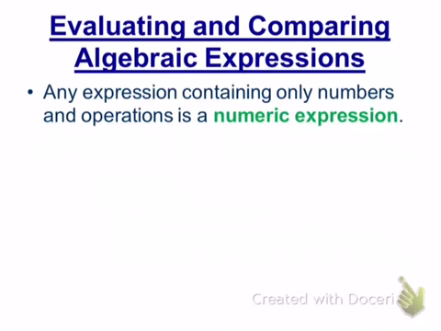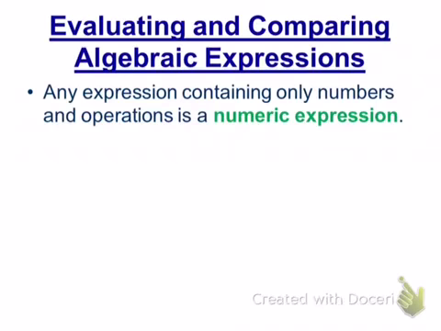Okay, so this is the definition that I just gave you. Any expression containing only numbers and operations is a numeric expression. This is a fill in the blank kind of question for the definition quiz next week. That's pretty easy to identify, right?